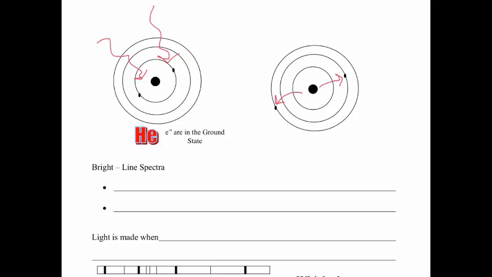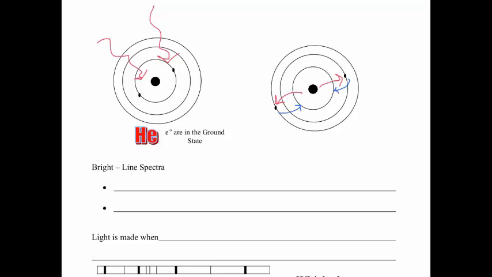You can do it by fire, you can do it with electricity, and then what will actually happen is they'll jump up to a higher energy level. But just like when you drink an iced cap or something and all of a sudden you're all wired with sugar and caffeine, you can't stay that way very long and you'll crash and you'll go back down to your original energy state, or in some cases lower, but that doesn't happen with electrons.